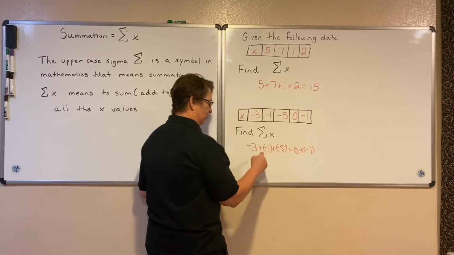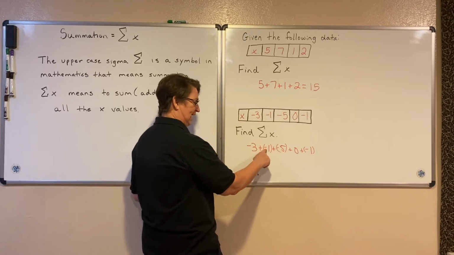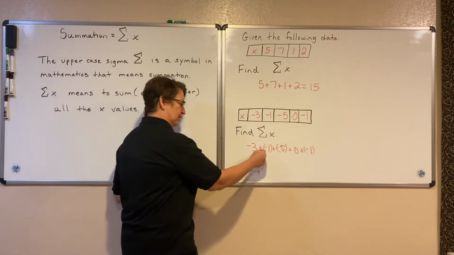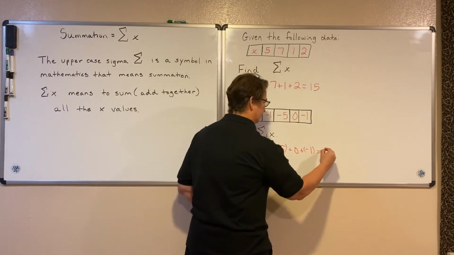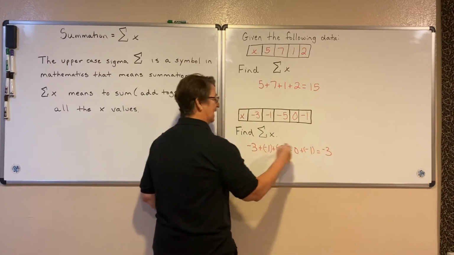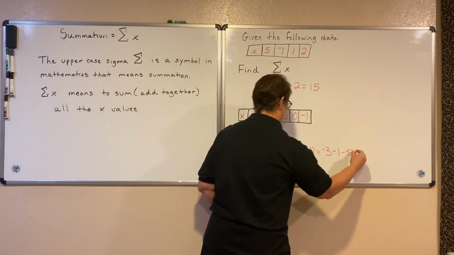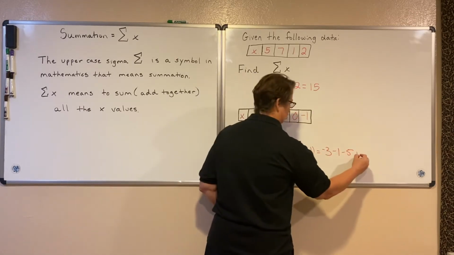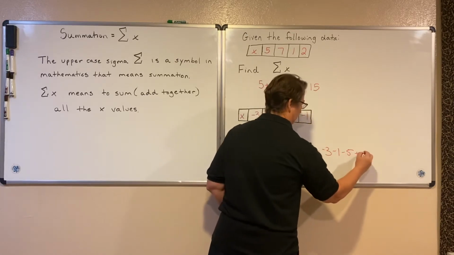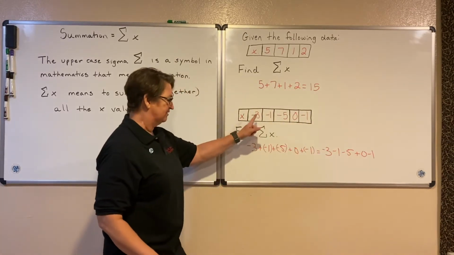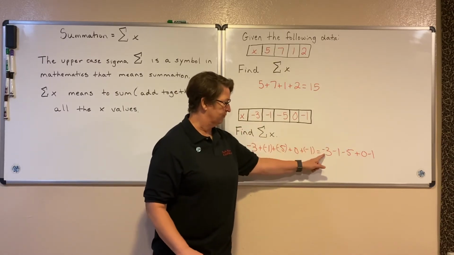But remember that when we have a plus sign and then a minus sign, that negative sign wins out. It becomes a negative. So I could rewrite this as -3 minus 1 minus 5 plus 0 and then minus 1. So see how the signs stay with those numbers.